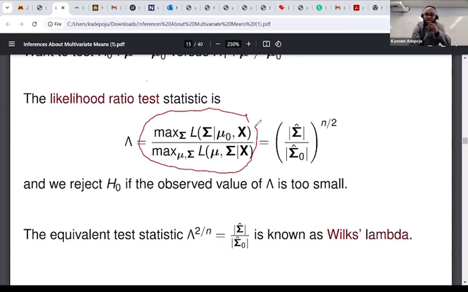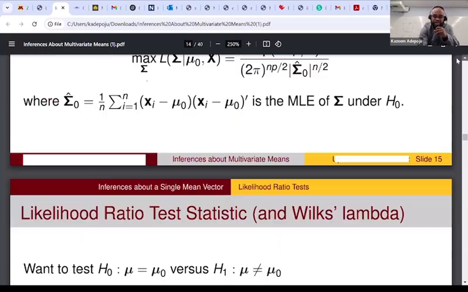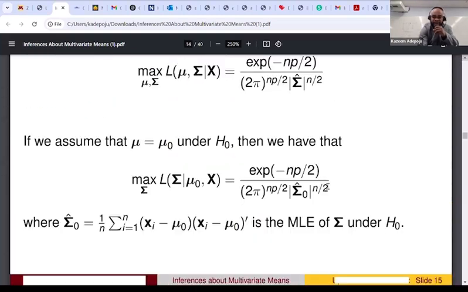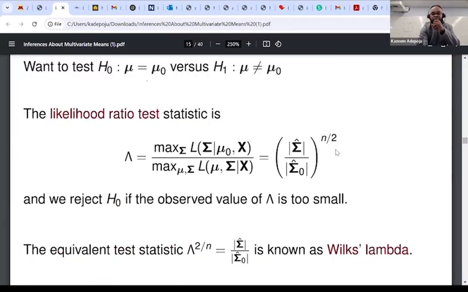Now, if I do the ratio, something is going to cancel out. Take a look at this. If I do the ratio, the exponential raised to that power and the 2 pi and so on will cancel out. You know what I'm going to be left with? I'm only going to be left with this divided by that.